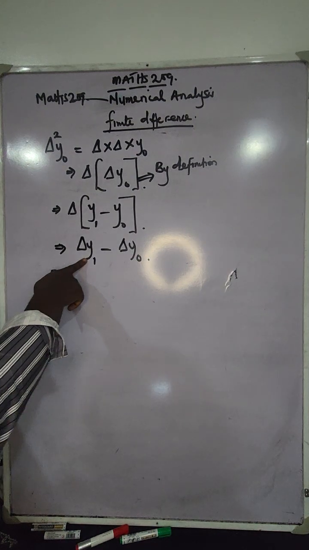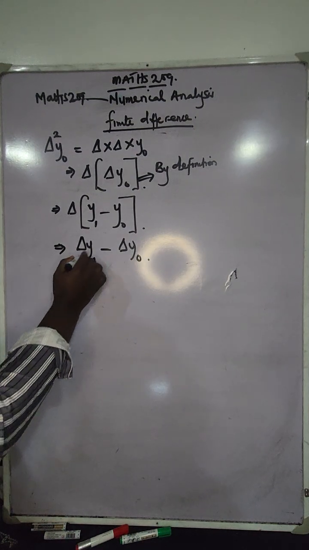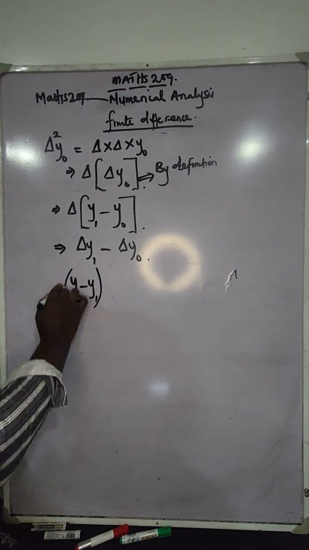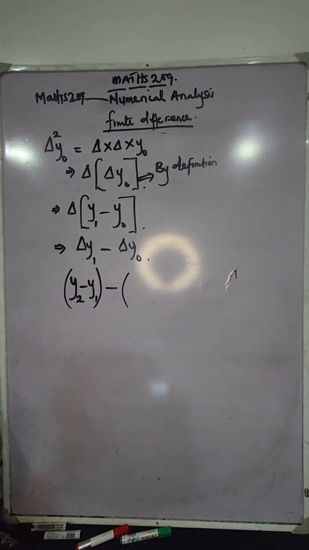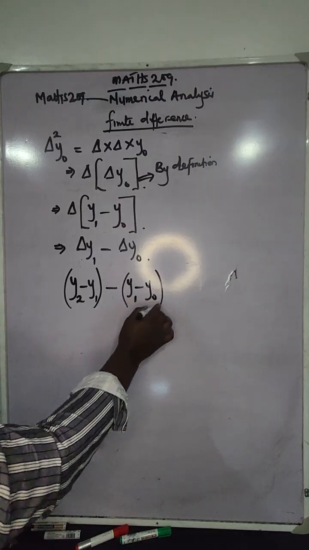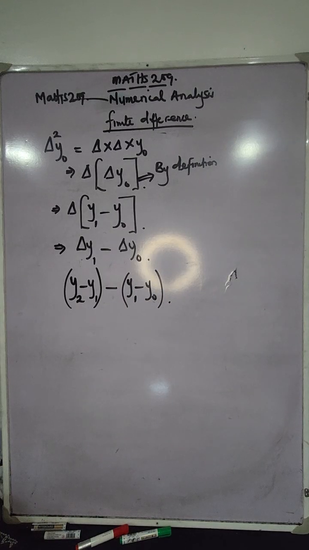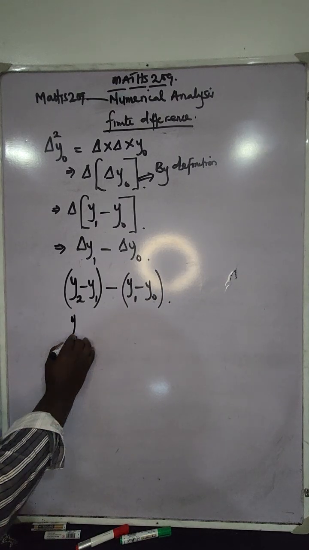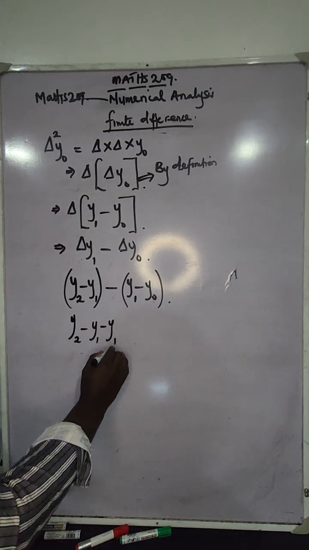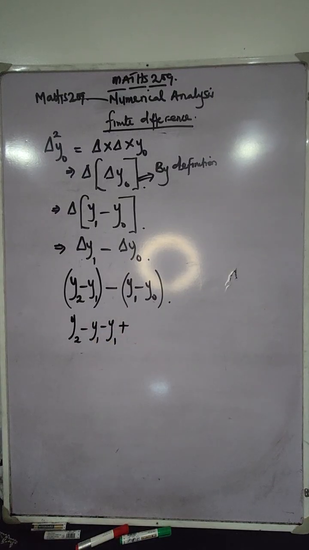And so if we express this again by definition, this means y2 minus y1, right? And if I express the forward difference of y naught, what you'll be having there is y1 minus y naught. Is that correct? And so by definition, this is y2 minus y1 minus y1 plus... why is it a plus?